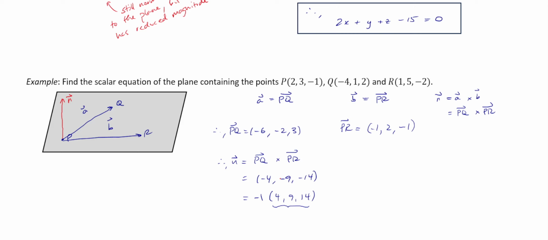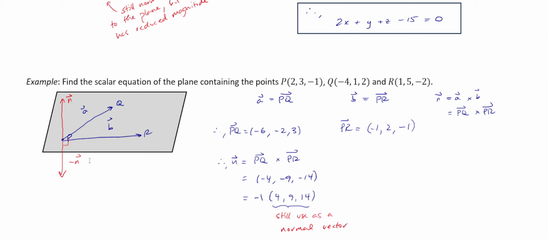But I can multiply this entire thing by -1, and I'll still get a vector that's perpendicular, so I can still use it as a normal vector. It's still 90 degrees. It's just literally in the opposite direction.